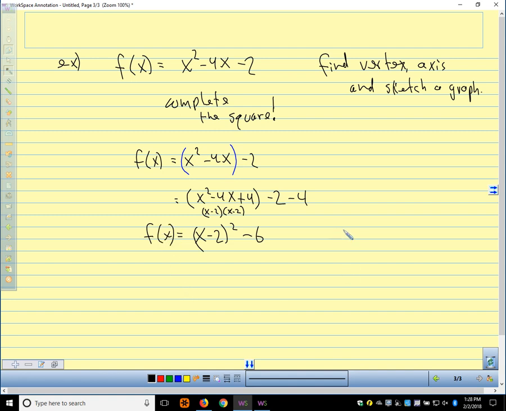So our vertex is not negative 2, it's 2, negative 6. This is x minus h and k. Our axis is the line x equals 2.